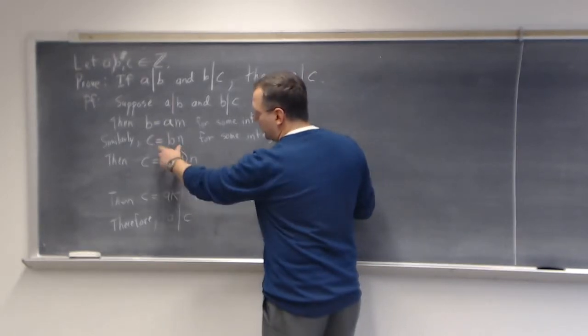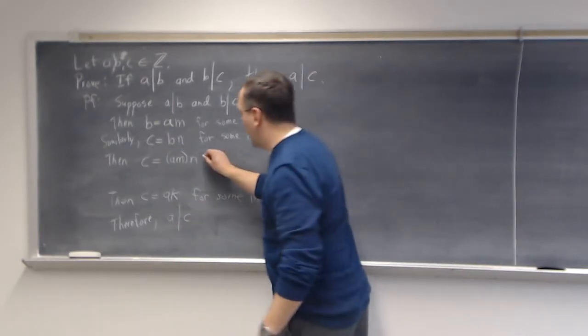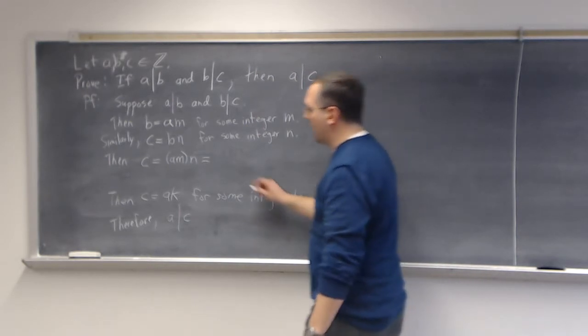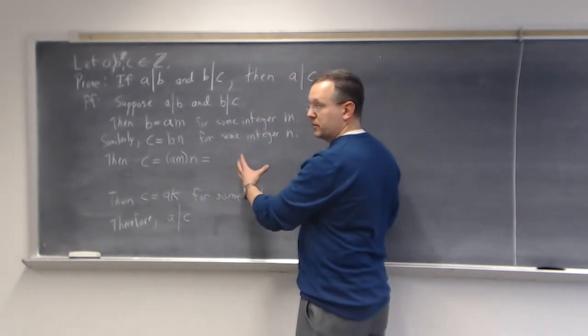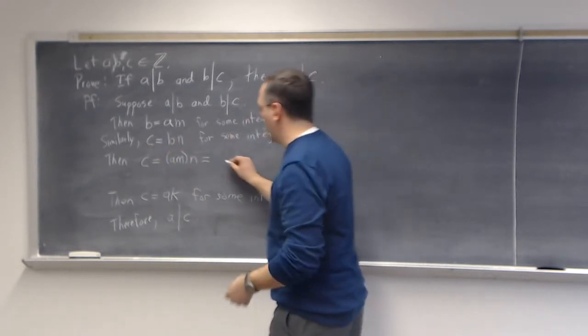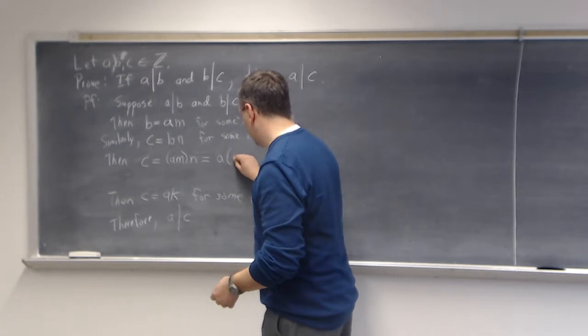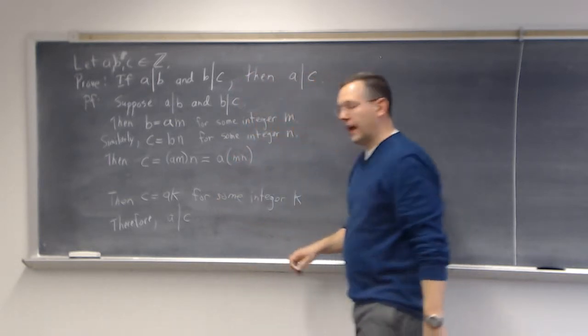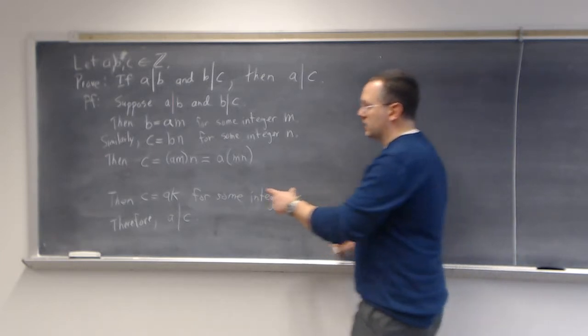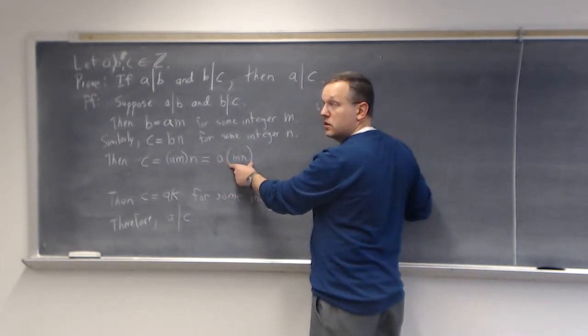I mean, there's kind of this grouping symbol in the way. I would probably write one more chain of equations. This doesn't really look like A times an integer. It looks like A times AM times an integer. So I would write probably something like that. A times MN, because now it does look like A times an integer.